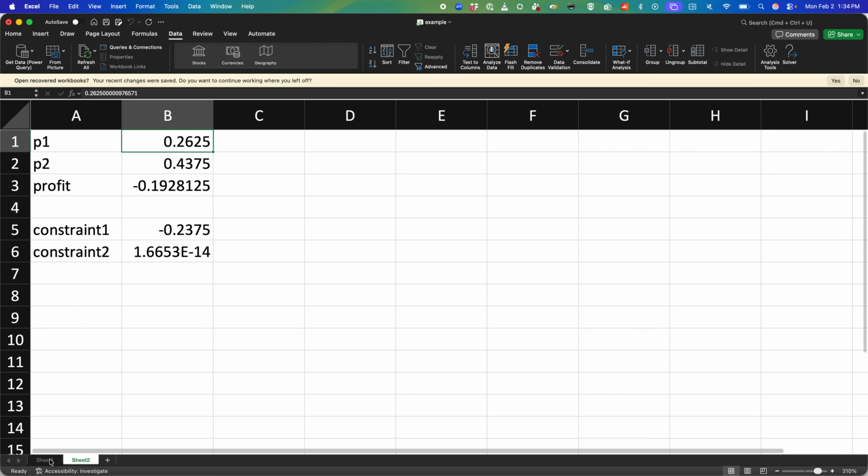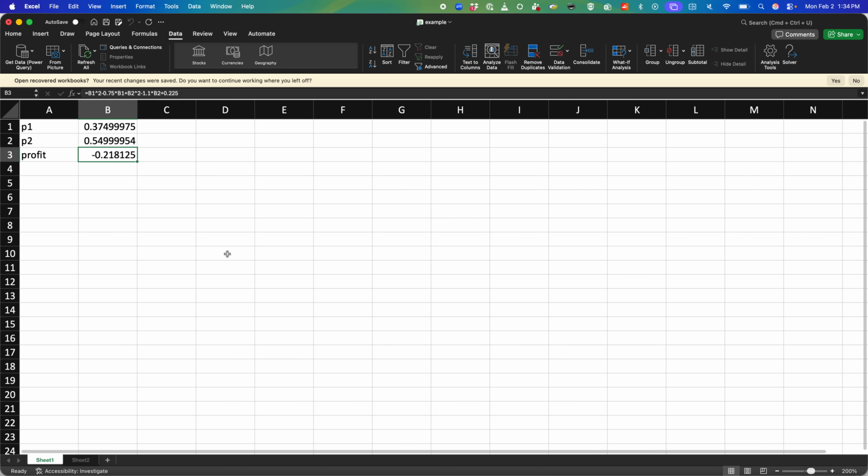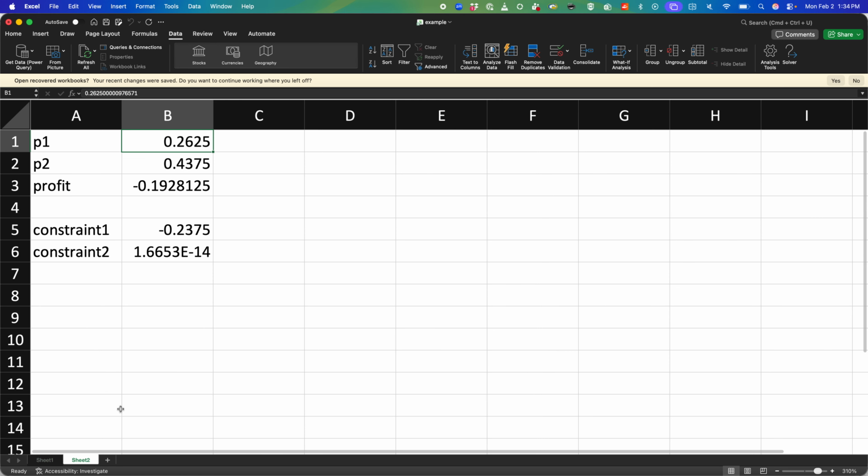You can compare to our first problem, where actually the price of both milk and cookies was higher, right? Cookies was 0.375 and milk was 0.55. Here, cookies is 0.2625 and milk is 0.4375. And that will maximize our profits.